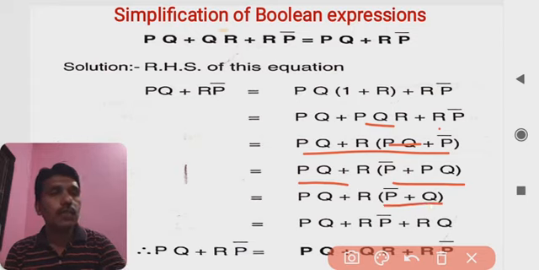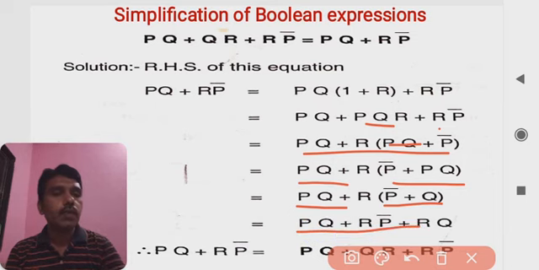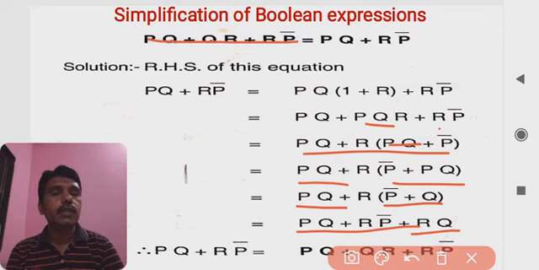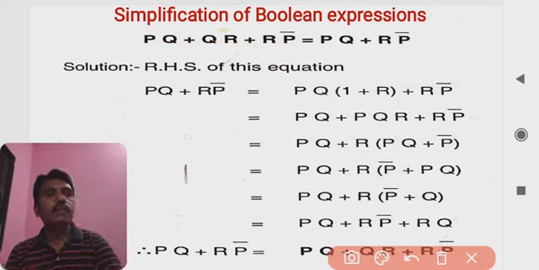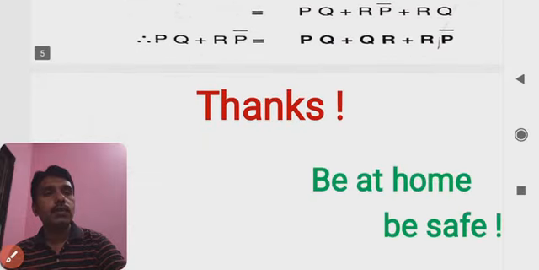So the remaining value is pq or r into p complement q. If we multiply this r with this, then we will have pq plus r p complement or rq. If you look at this right hand side, it is now correct with this left hand side, pq plus qr plus r p complement. So the right hand side and left hand side are equal, and in this way we can simplify different expressions.